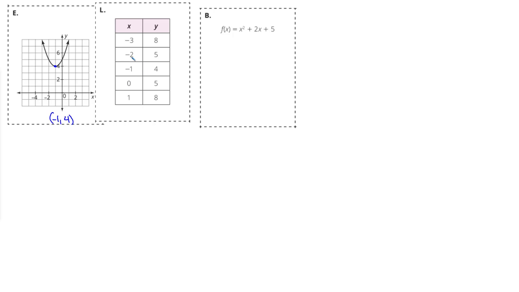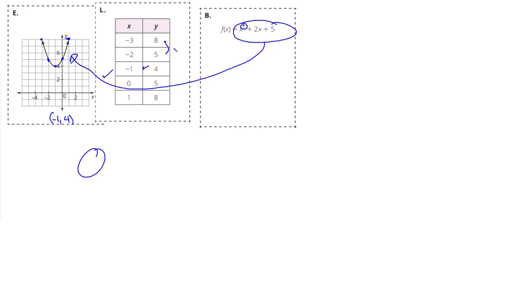And so as I look and plot the points, so that's this first point, -2 is at 5, -3 is at 8, 0 was at 5, and 1 is at 8. So that checks out all those numbers. And then when I plug this in my calculator and I see the graph, it's going to match up here. So again, we have the squared term here.